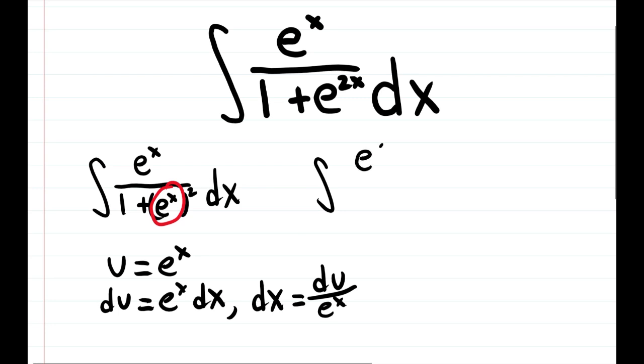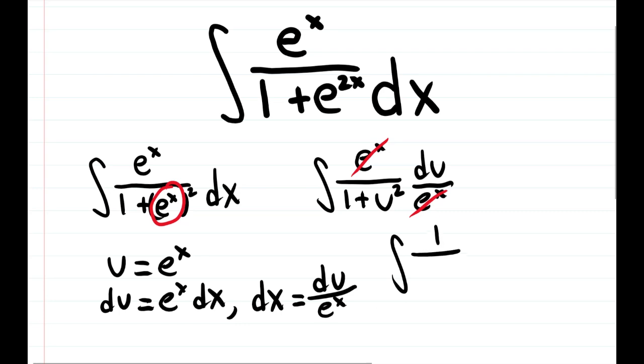We have e to the power of x over 1 plus u squared du over e to the x. And now we can see we can get rid of the e to the x power, leaving us with the integral of 1 over 1 plus u squared du.